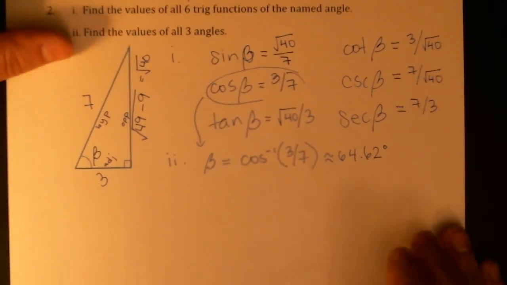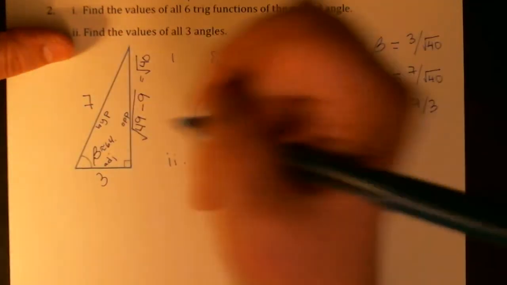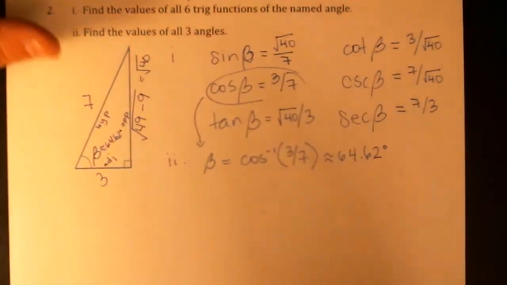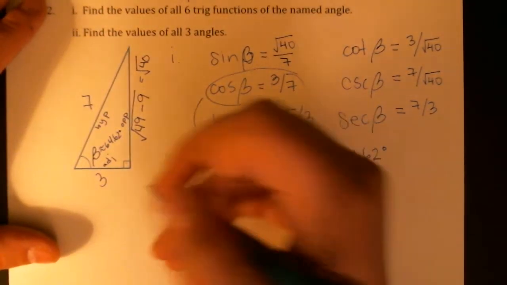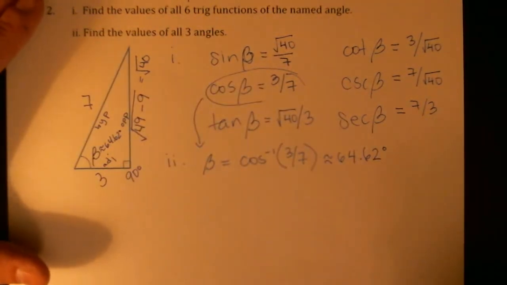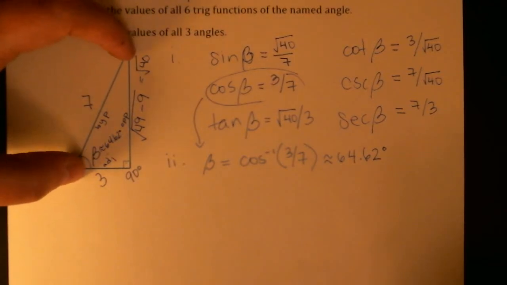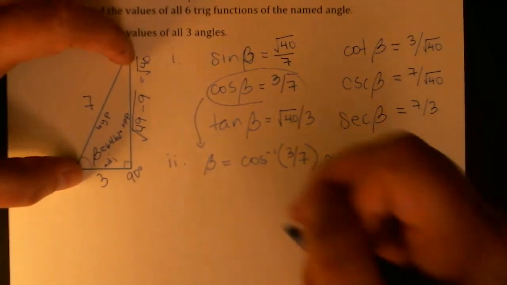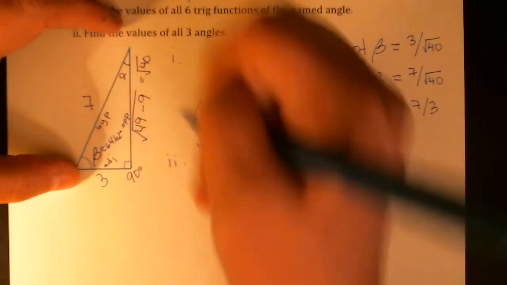And then if I want to find the other angle, I can use the angles add up to 180 again. And if you're comfortable, you can just subtract that 90 out right away. So the two non-right angles have to add up to 90, which means that, here, we'll call it alpha.